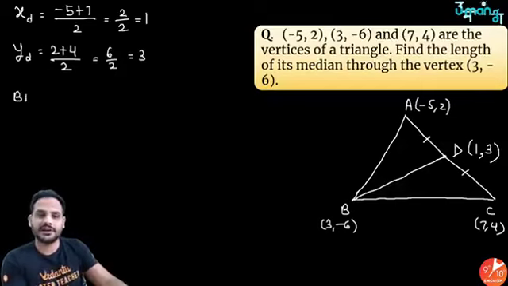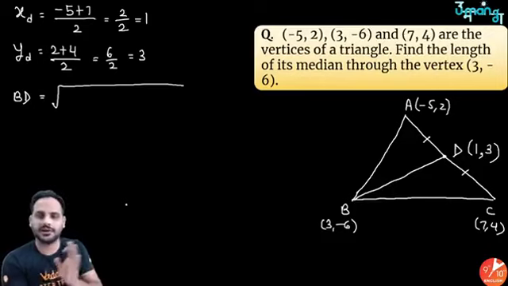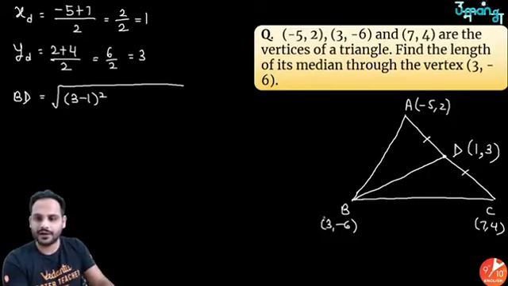So the distance BD will be equal to the square root of, anyone you can take as x1, anyone you can take as x2, no problem with that. So it will be equal to 3 minus 1 whole square, x2 minus x1 whole square, plus y2, that is -6 minus y1 whole square.